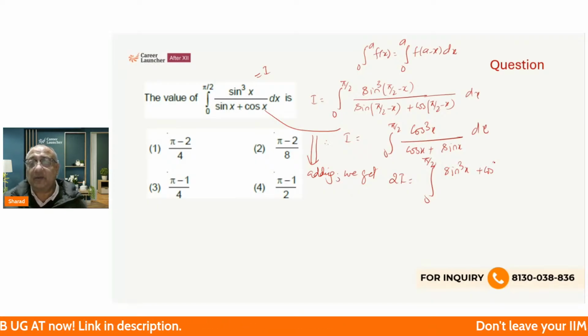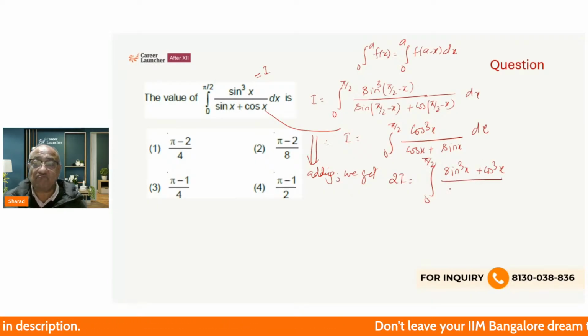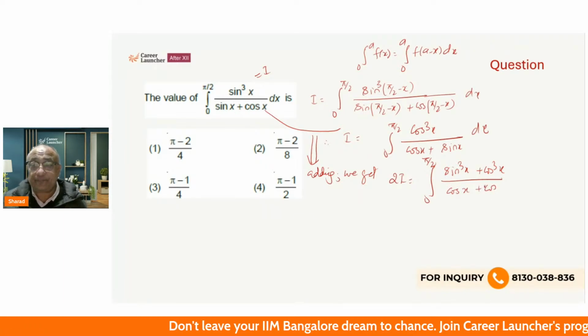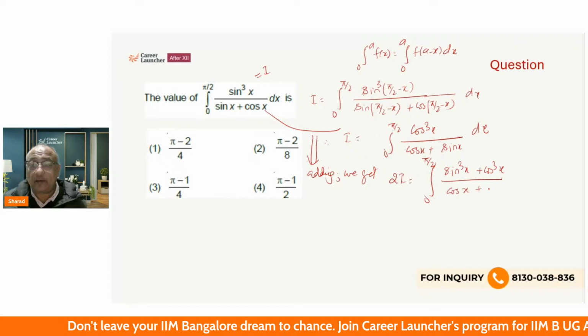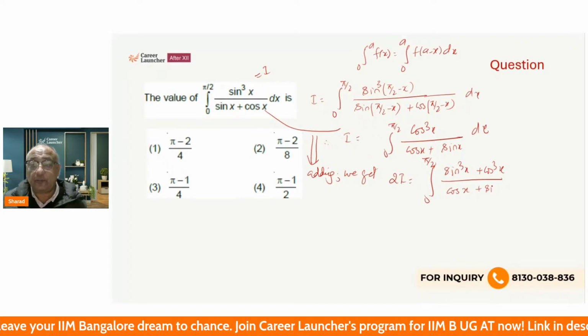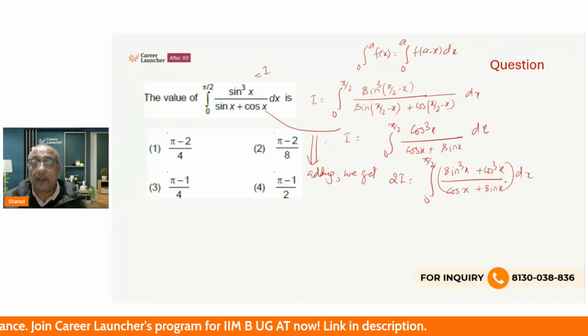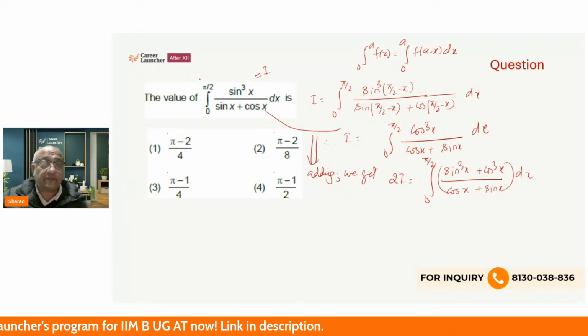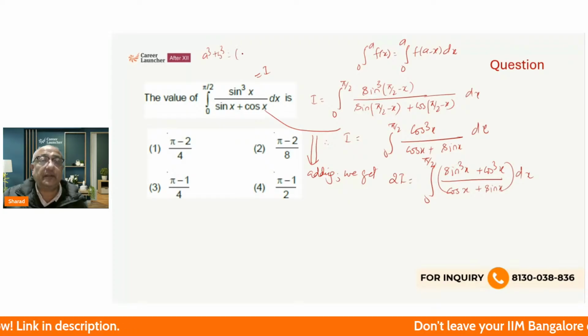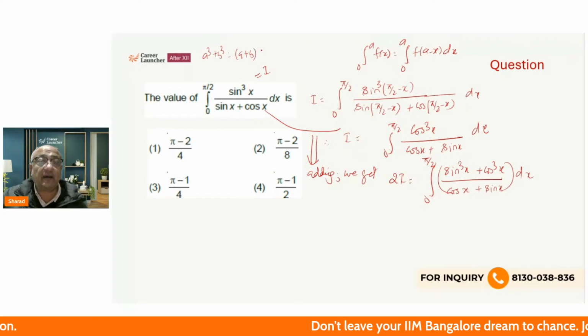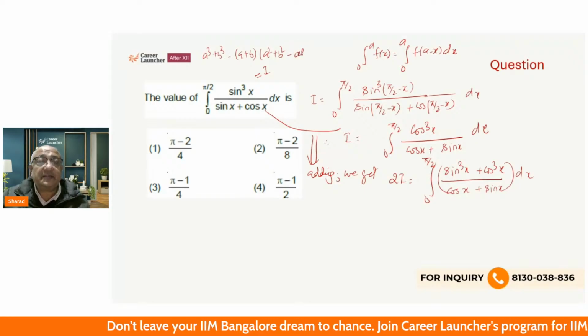Not done yet, why? Because it is not cos cube x plus sin x. But okay, I know the formula of a cube plus b cube, right? I'll use that. Let me revise it with you. A cube plus b cube is nothing but (a plus b) into (a square plus b square minus ab).